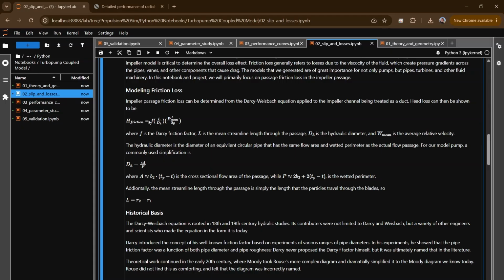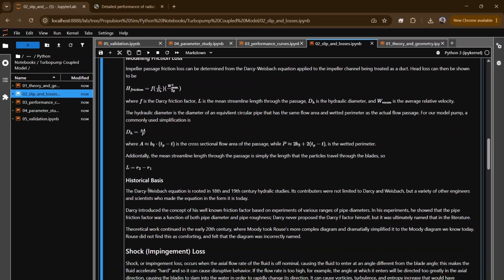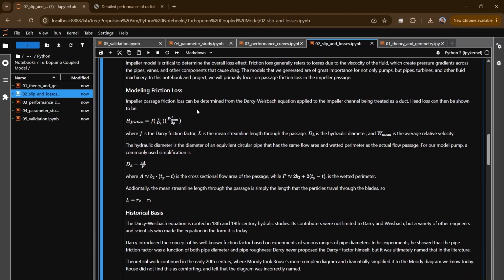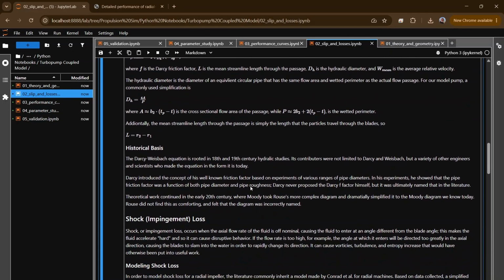So we have this equation for the head friction, and F is the velocity friction factor, L is the mean stream length through the passage, DH is the hydraulic diameter, and W mean is the average relative velocity. Now, this just describes how the friction loss function works, the historical basis of it, and all that.